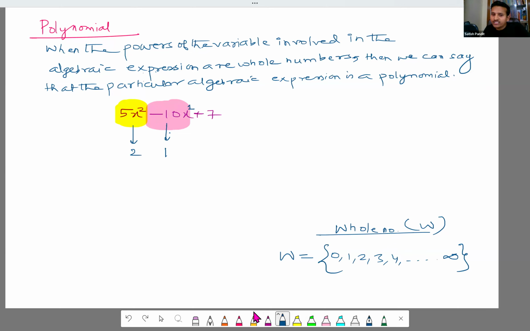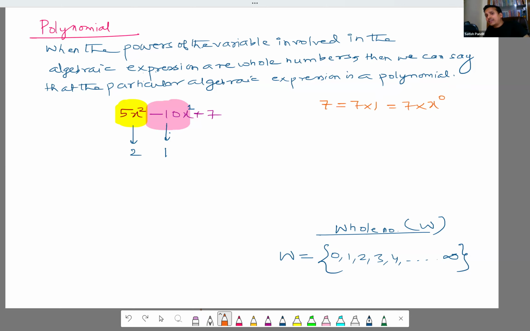Now, whenever it is a constant, a lot of people have a confusion. What should be the power of the variable? Let me explain, then you'll be able to understand. If I have 7, I can write 7 as 7 into 1, because 7 into 1 is 7. And 1 I can write as x to the power 0, because x to the power 0 is 1.